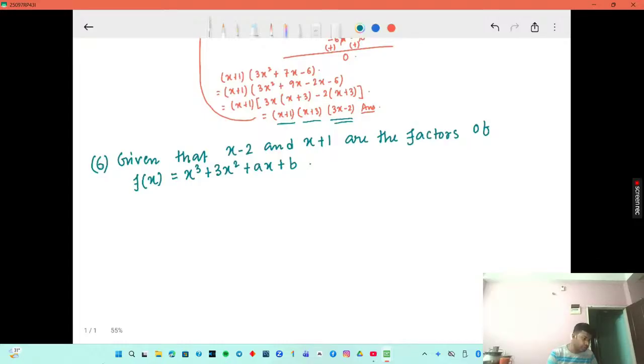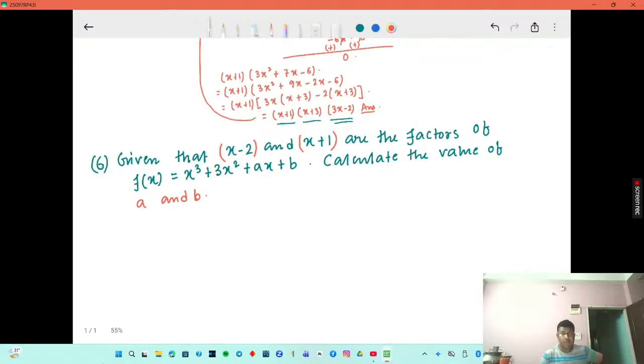So now we have to calculate the values of a and b. Is it clear? So in this question it is given that x minus 2 and x plus 1 are the factors of the equation x cube plus 3x square plus ax plus b.